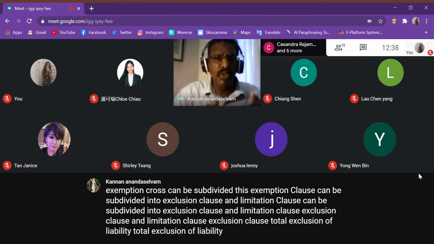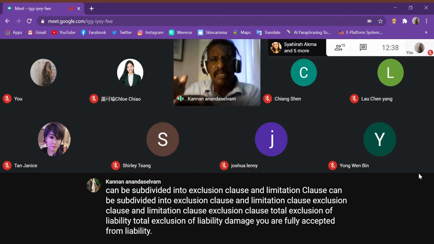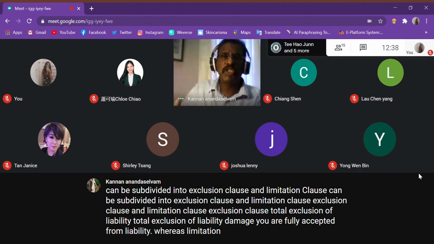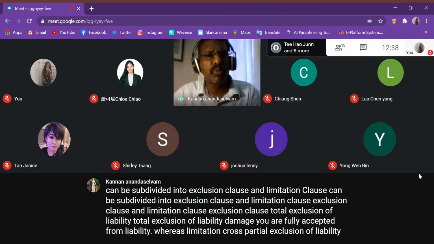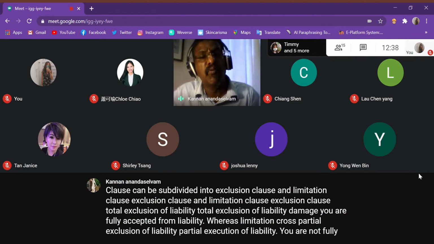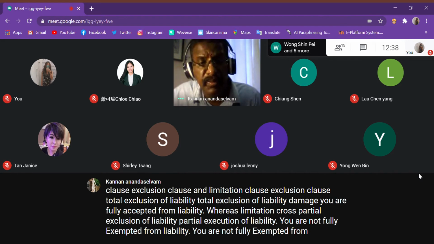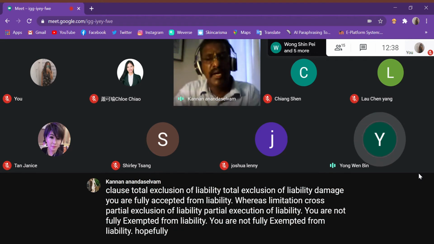That means you are fully exempted from liability. Whereas limitation clause is partial exclusion of liability. You are not fully exempted from liability. Are you following?